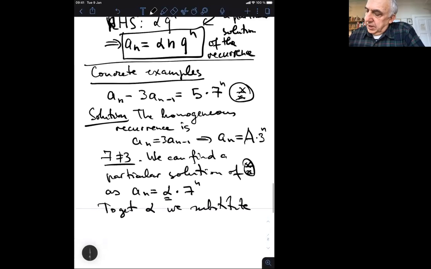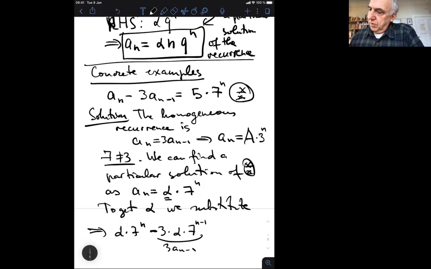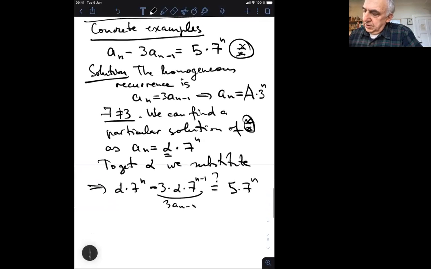Okay, what do we get here? So we have alpha 7 power n minus 3 alpha 7 power n minus 1. This is 3 a n minus 1. And we want it to be equal to 5 times 7 power n by an appropriate choice of alpha. Okay, how do we do this?